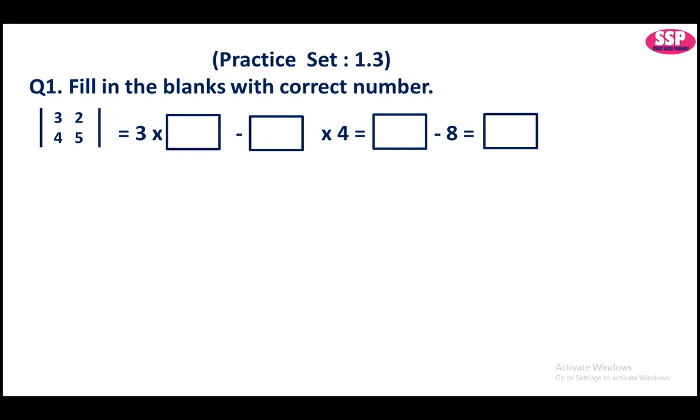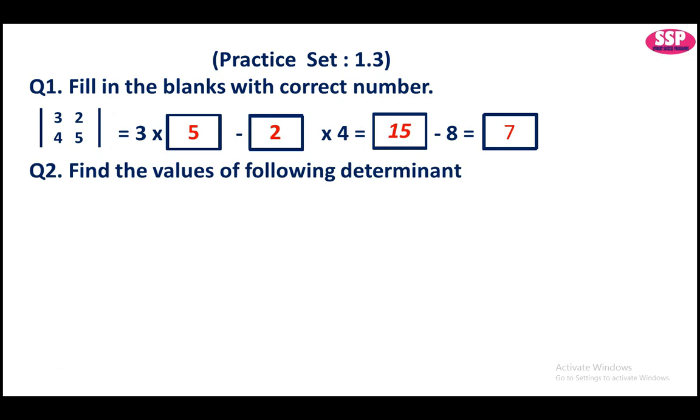The given determinant is equal to, as we have seen earlier, the first number of the first row multiplied by the second number of the second row, that is 3 multiplied by 5, minus the second number of the first row multiplied by the first number of the second row, that is 2 multiplied by 4. 3 5s are 15 minus 2 4s are 8, is equal to 15 minus 8, is equal to 7.